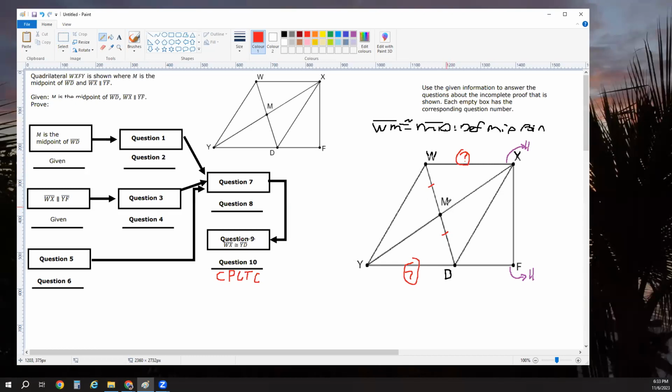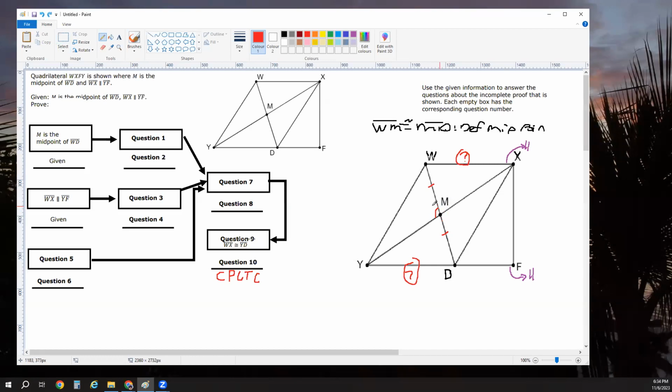Well, first thing first. I have vertical angles here, so I can identify that this set of vertical angles here is congruent, and this set of vertical angles here is too.